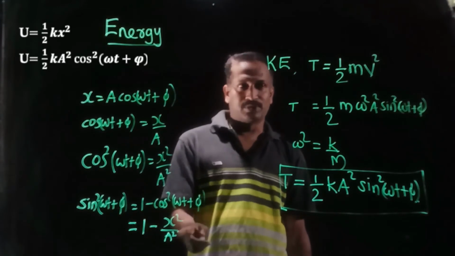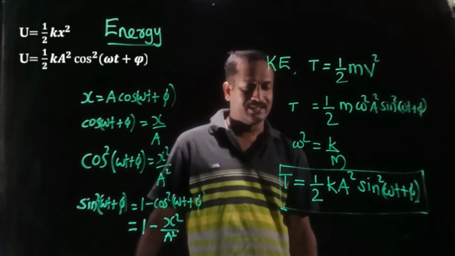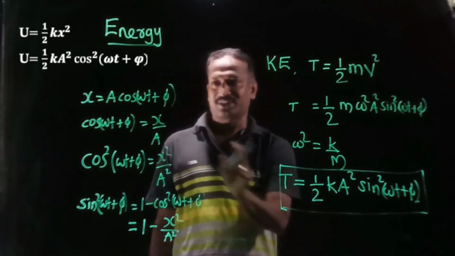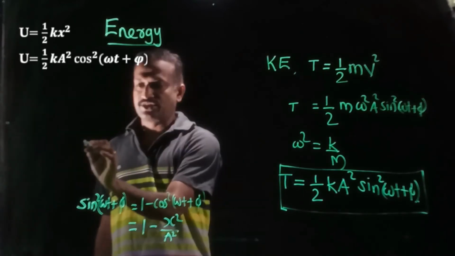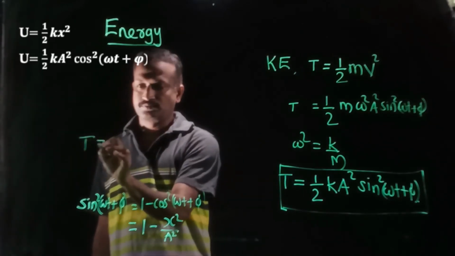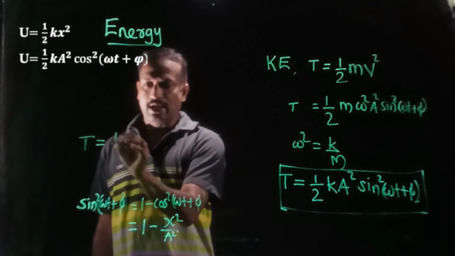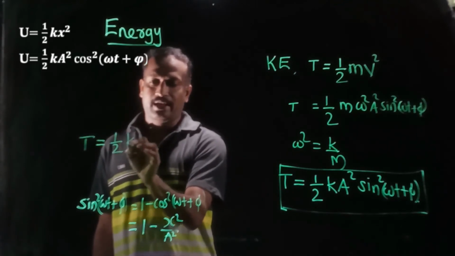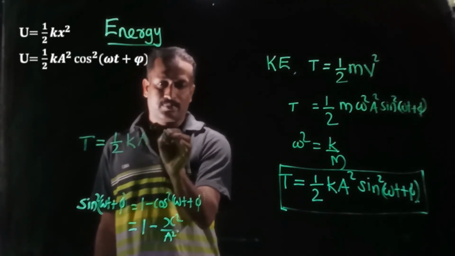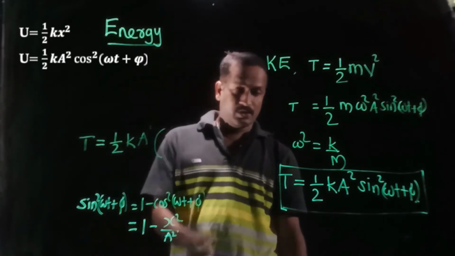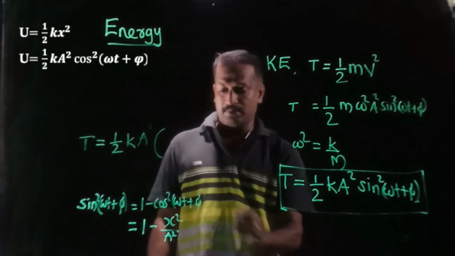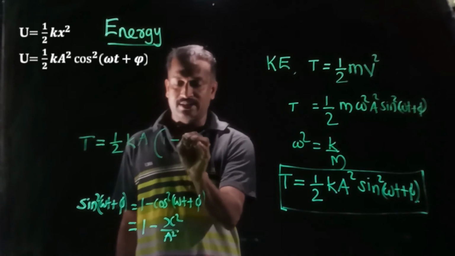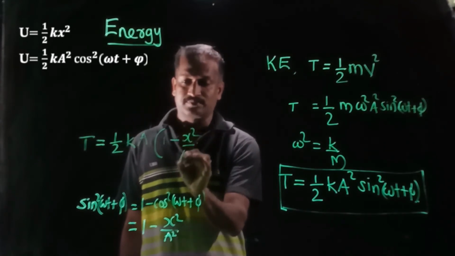And with that substitution, the kinetic energy T is equal to half k a square multiplied with, instead of sine square omega t plus phi, I write 1 minus x square by a square.